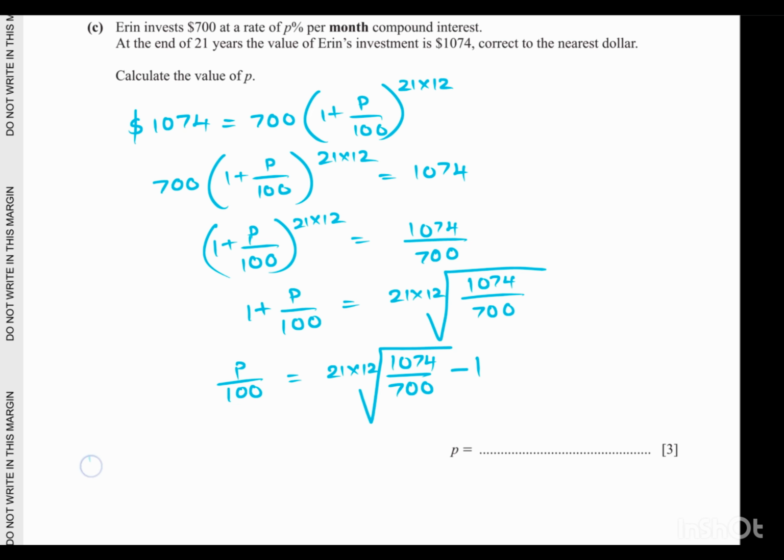Then p will be equal to 21 into 12th root of 1074 by 700 minus 1 into 100.